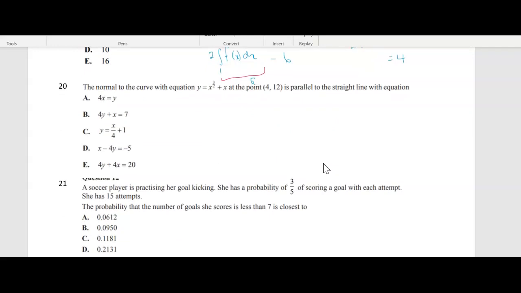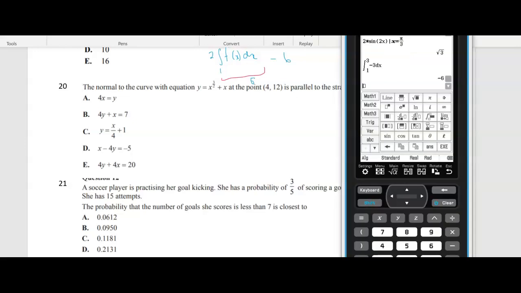The normal to the curve with the equation y equals x to the power of 3 on 2, at the point 4, 12, is parallel to the straight line with the equation. With your calculator, you can do normals. I can never remember where they are. So calculation, line, and then we want a normal.